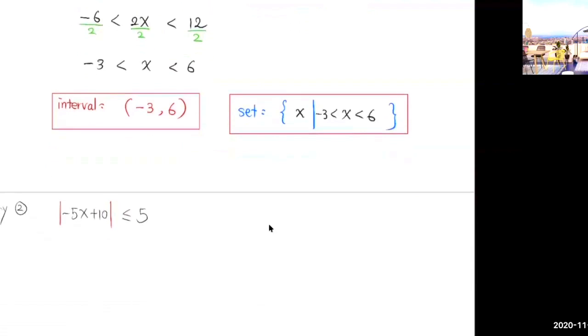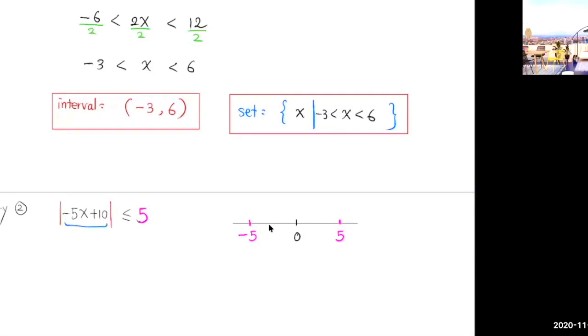Now let's try the second one, which is kind of similar. First think about the number 5 right here. You first locate negative 5 and also 5. So think about this whole thing inside here as a package.